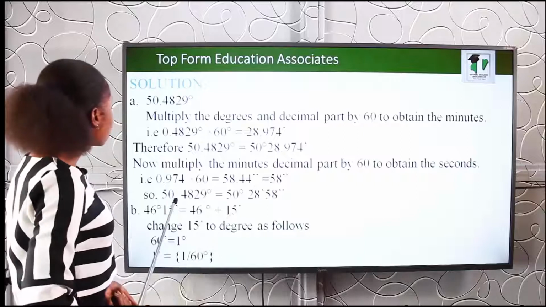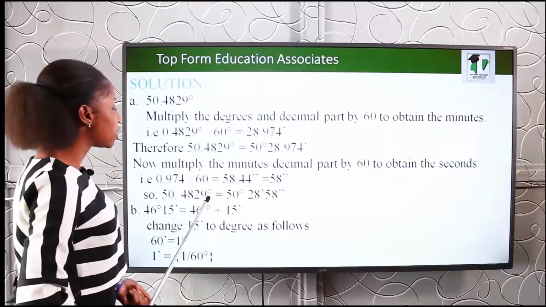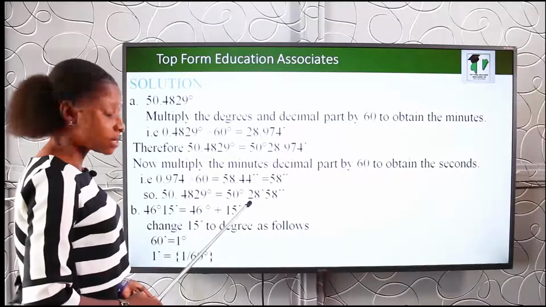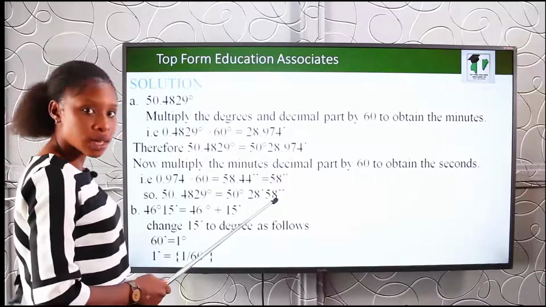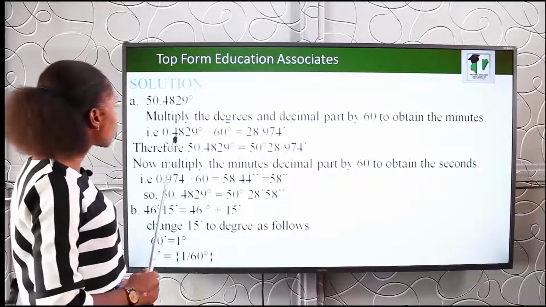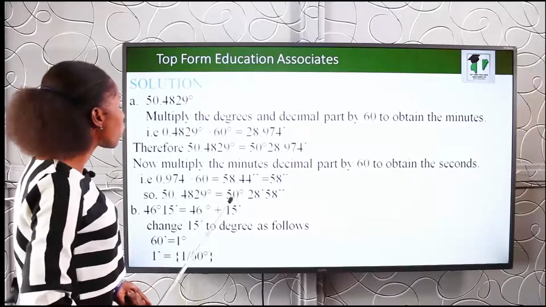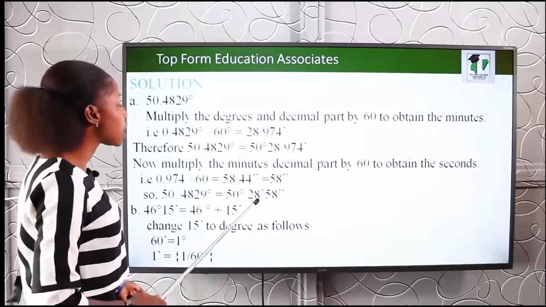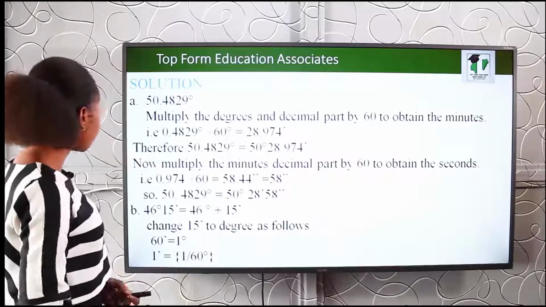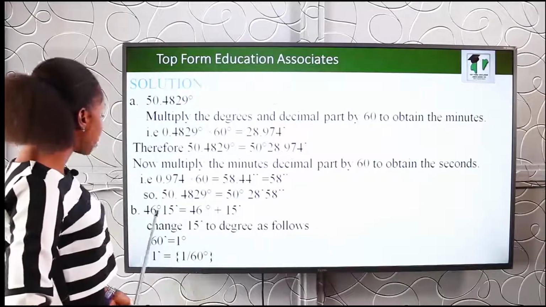So 50.4829 degrees will give us 50 degrees, 28 minutes, and 58 seconds. I hope we are following. By the time we summed all this, we got 50 degrees, 28 minutes, and 58 seconds.